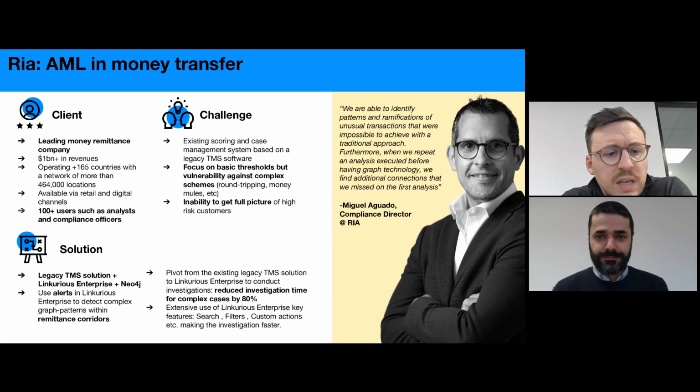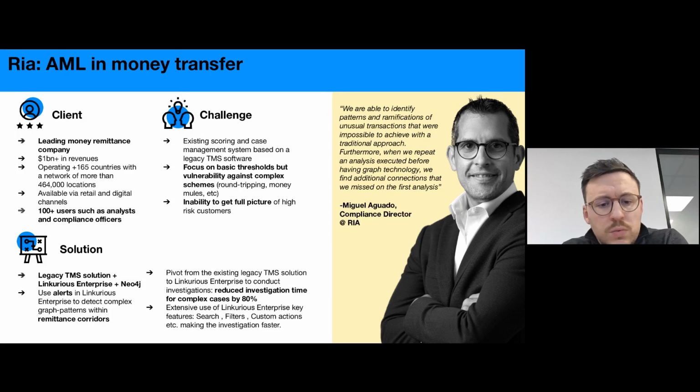It illustrates what Jean was talking about, and the fact that you really can reinforce and complement your existing arsenal consisting of a TMS solution, and add on top of that Linkurious Enterprise and your graph database to really build a thorough investigation of suspicious, for example, remittance corridors. That's how they use it to detect complex graph patterns within remittance corridors.